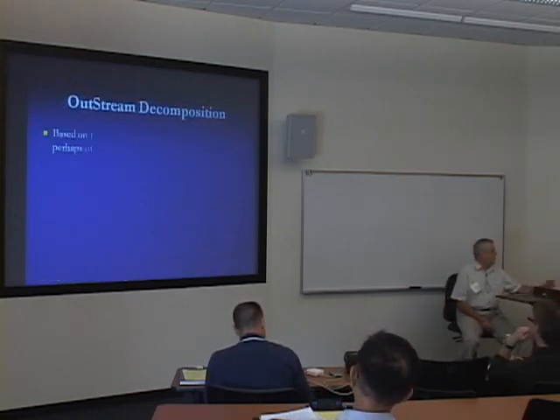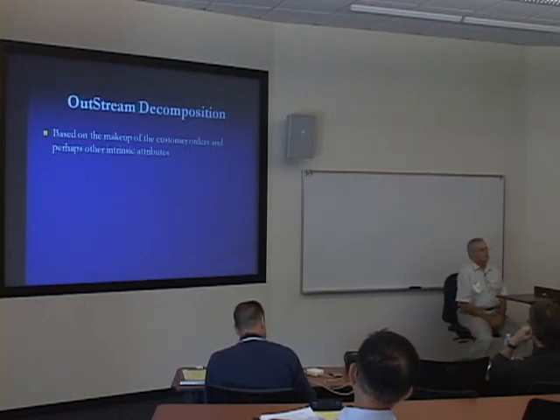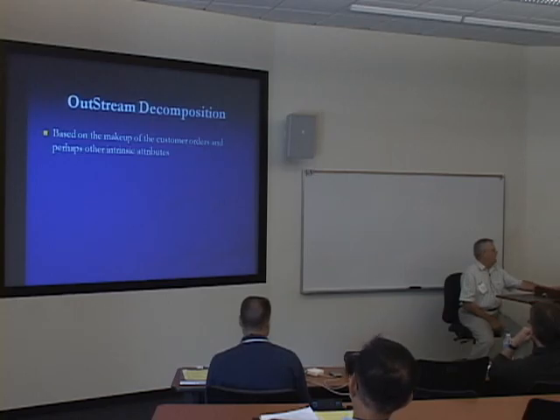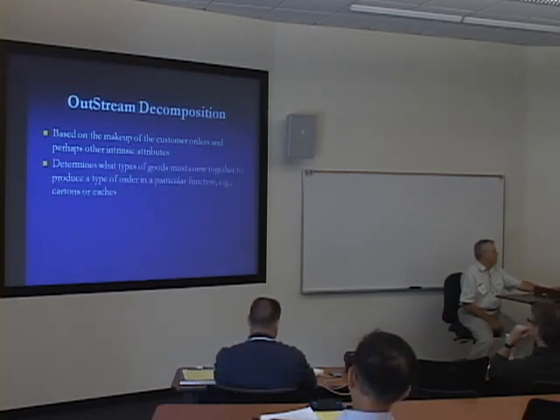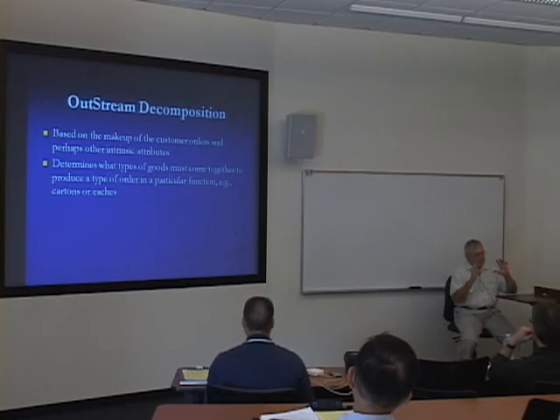So I'm going to decompose the outstream into component streams, which themselves contain orders that are very similar. And I'm going to do this on the basis of these intrinsic attributes that I've identified. When I do that, I'm going to say, okay, now this set of orders I'm going to treat alike. I'm going to assemble these orders all in the same way.